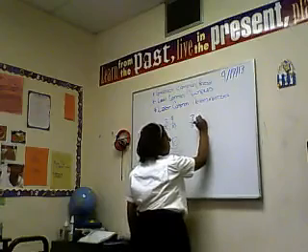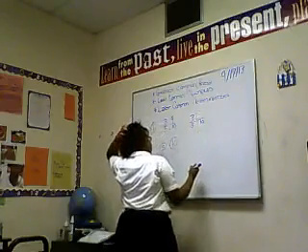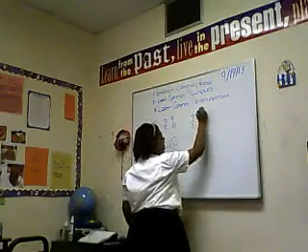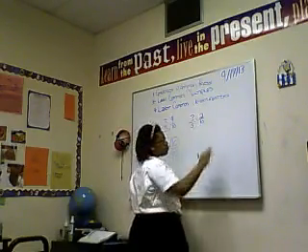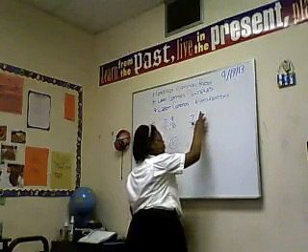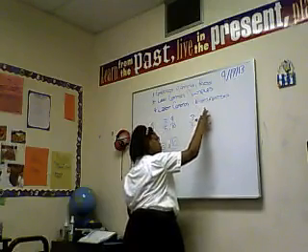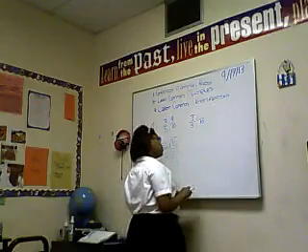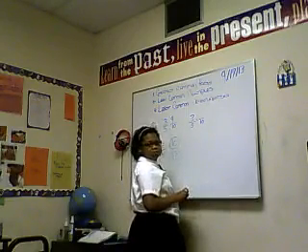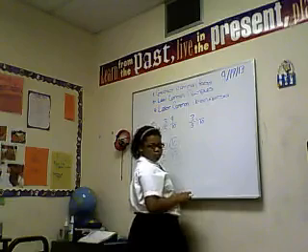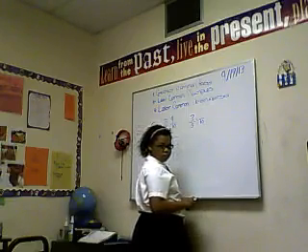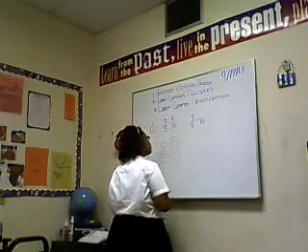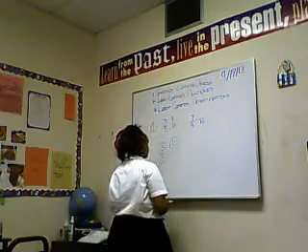And then you ask yourself, what times 5 will equal 10? 5 times 2 is 10, right? So the same number you multiply the denominator by, you have to multiply the numerator by. You see what I'm saying?